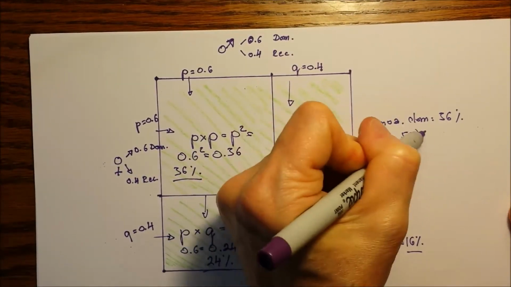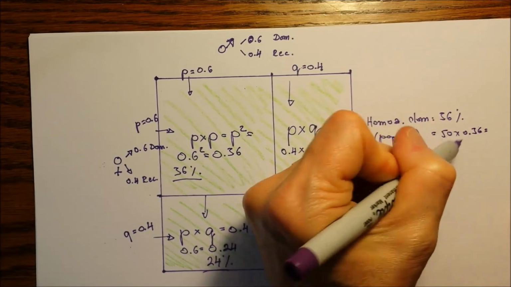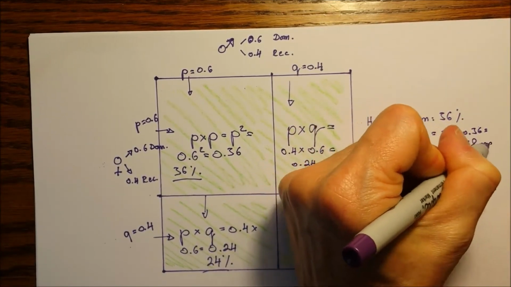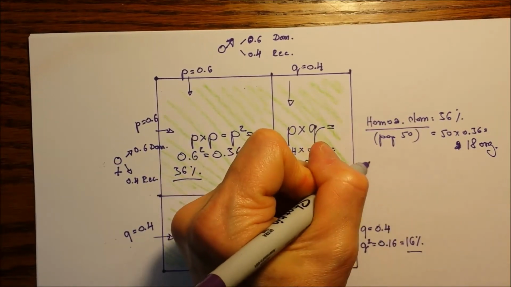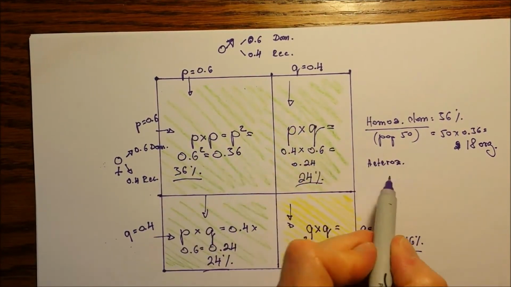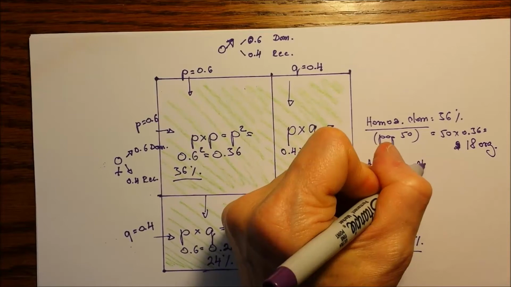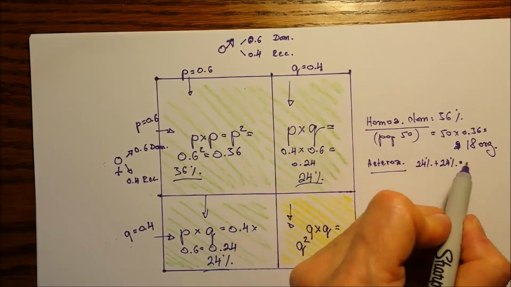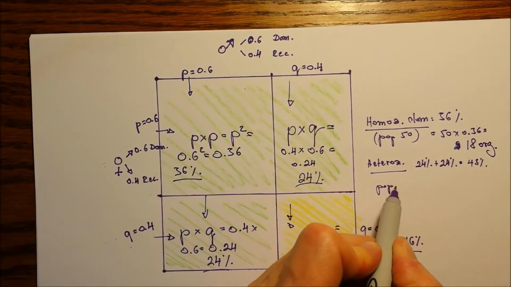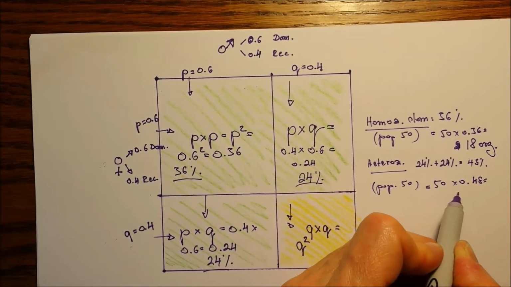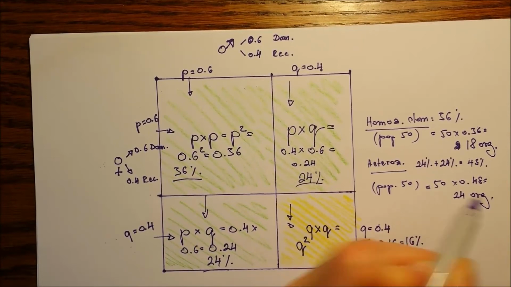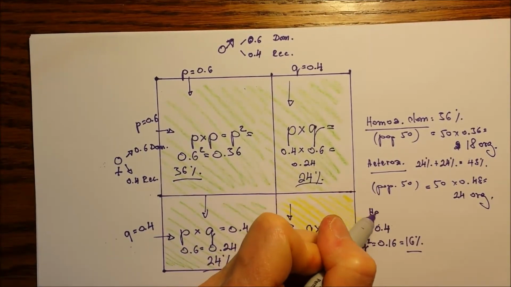The population is 50. So 50 times 0.36 is 18 organisms altogether that will be homozygous dominant. The heterozygous organisms, 24% plus 24%, so it's 48% altogether. If the population size is 50, as we stated, 24 organisms will be heterozygous in that population.